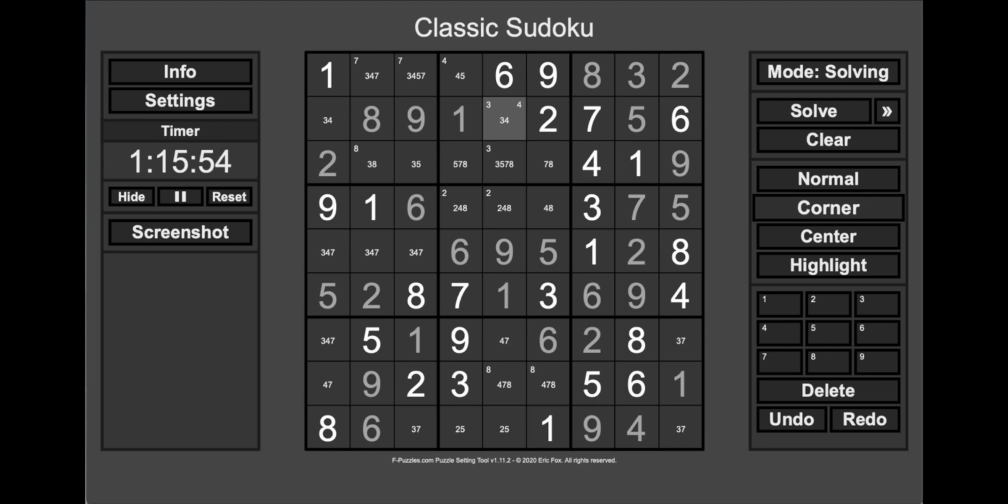Well, let's see, there's got to be another pair that I can derive somewhere. Well, let's see. This can't be 5. Yeah, 3 7s here. And that's part of a 3, 4, 7 triple, so that can't be 5. 5 is either here or here.